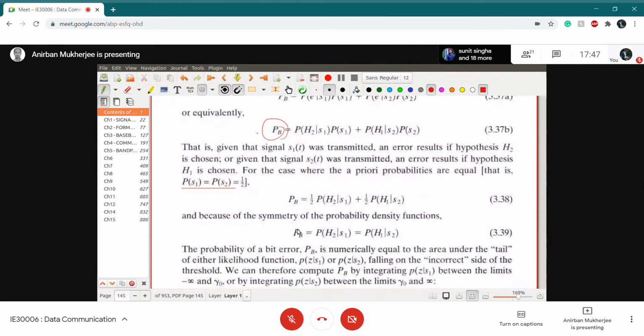Since P(S1) equals P(S2), I am putting a half and half. I told you that the probability density function is symmetric, which means P(H2 given S1) and P(H1 given S2) are equal. Let us see.